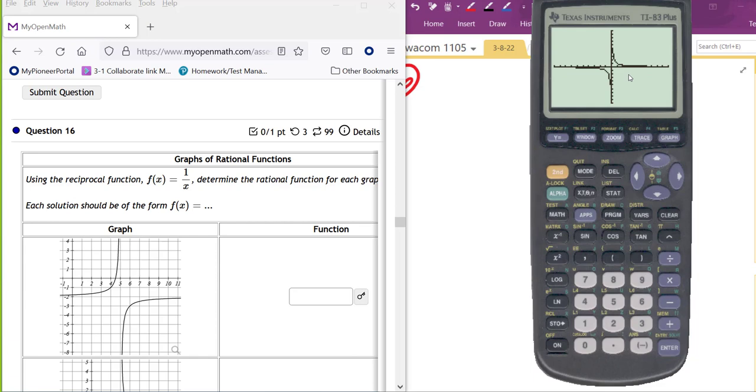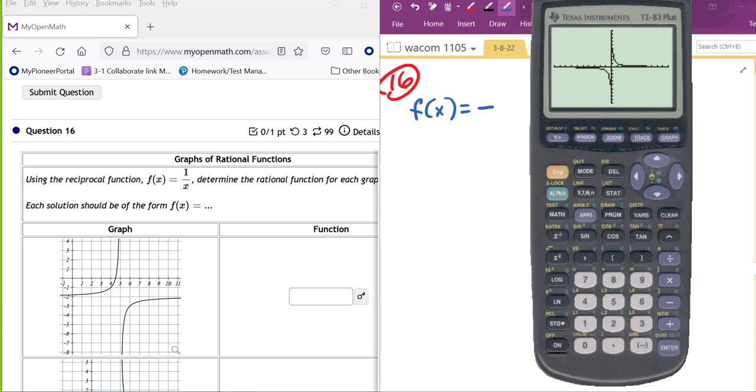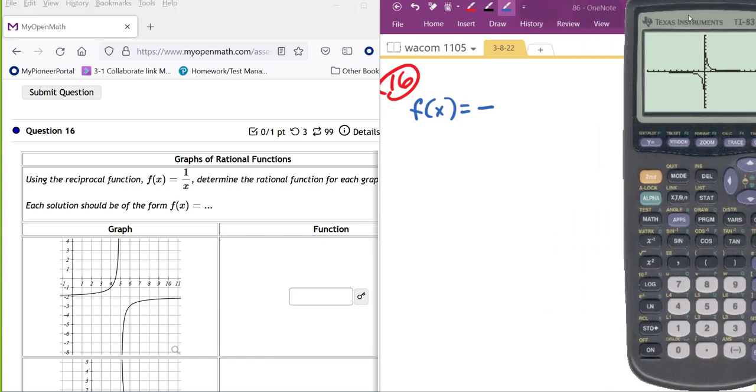So this one, first of all, this one is flipped, okay? You are up going this way instead of down. So we're going to have a negative. And I guess we have to type the f of x. I'll write it first. So f of x equals negative, because of the flip, it has moved over to the right 5 units, right?